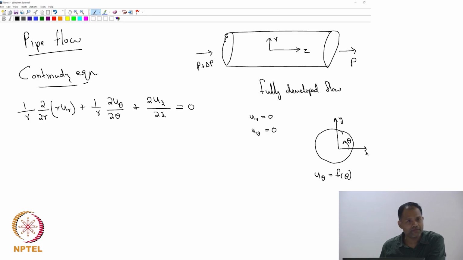I could also draw my coordinate system in that fashion, right? That's also an acceptable coordinate system, in which I would define my theta that way, right? So the theta that I would have defined in my original coordinate system and the theta that I will define in my new coordinate system would have been different.